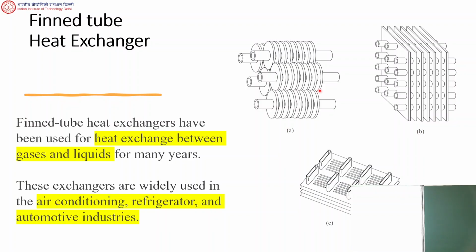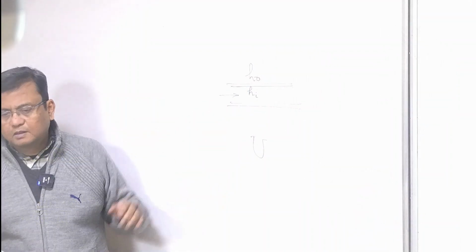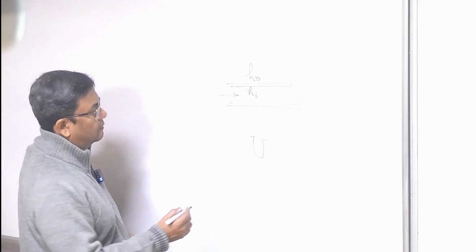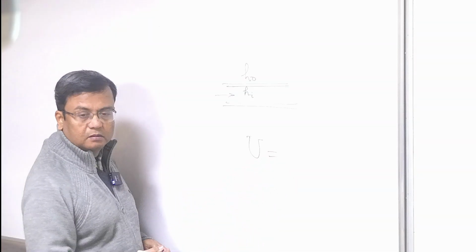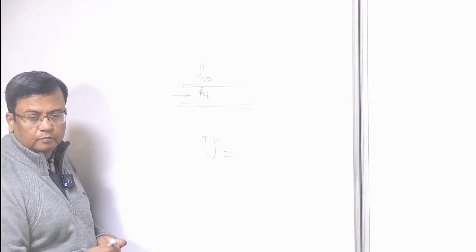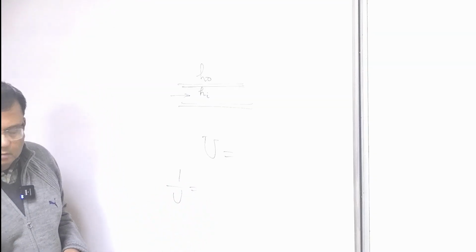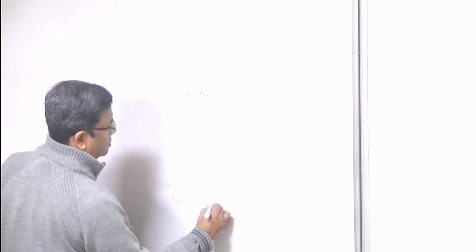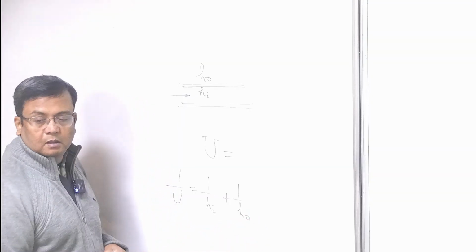Okay, so we'll make a further simplification. We'll say that all areas are the same. If this is a thin walled tube, then the inside area and the outside area will be approximately the same, right? Then 1 by U is 1 by Hi plus 1 by Ho.